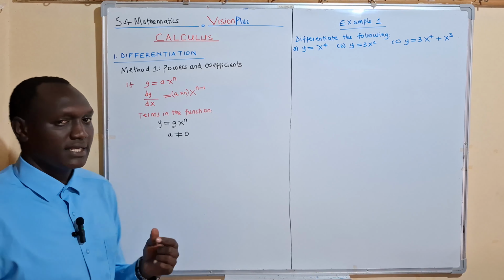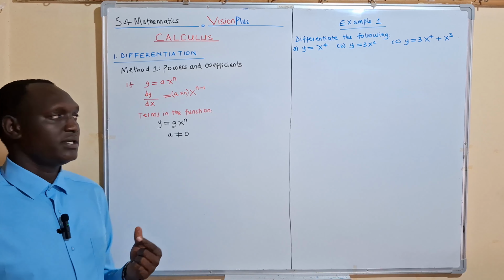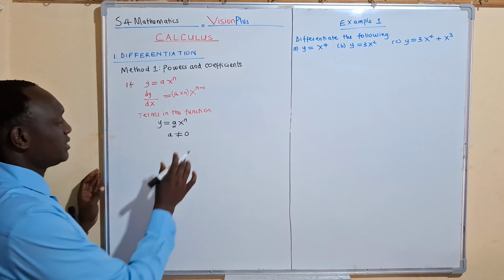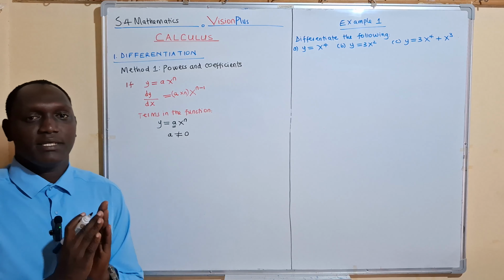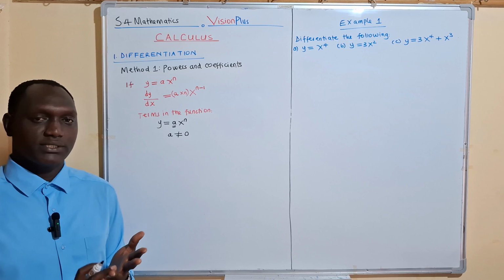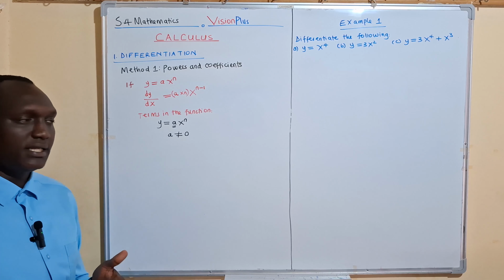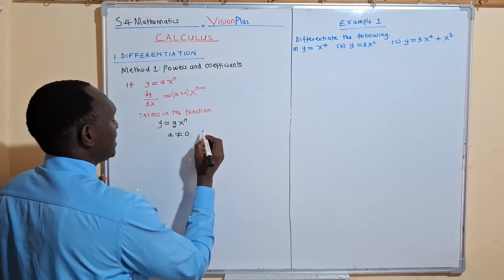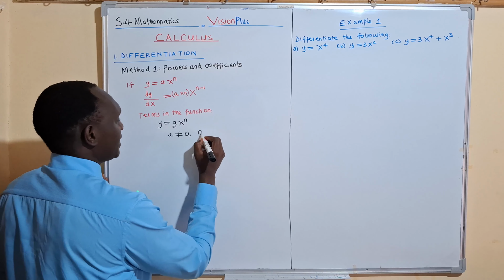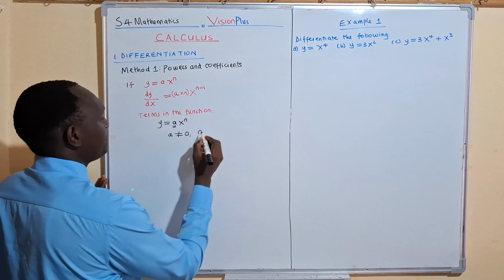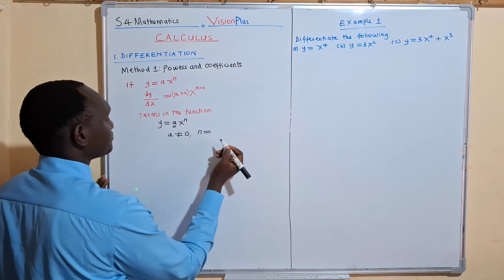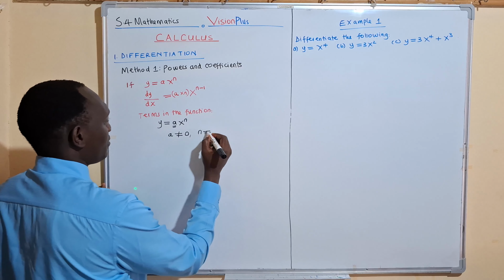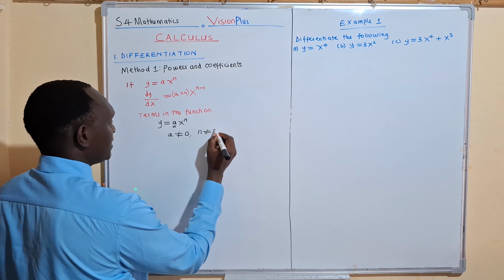Because if the coefficient is 0, the whole term will cancel out, it will be 0. But a can be any other number, negative, positive, a fraction, or a decimal number. Secondly, we are also saying that the power of x, which is n, should not be 0.